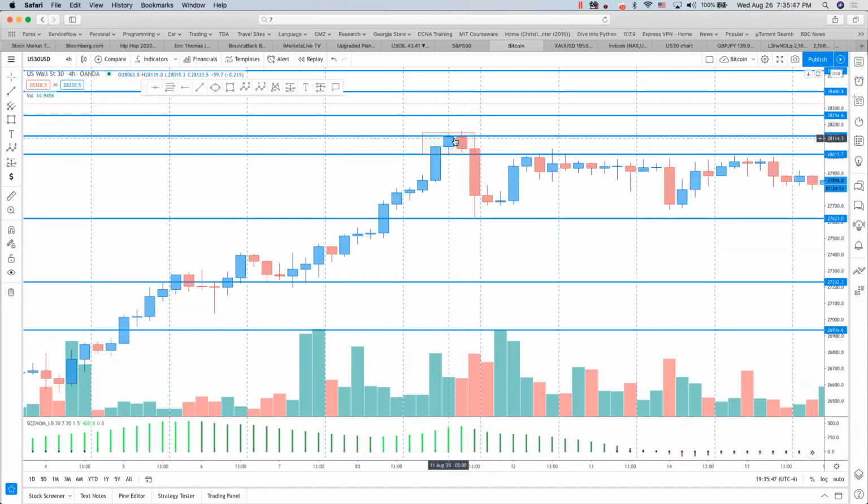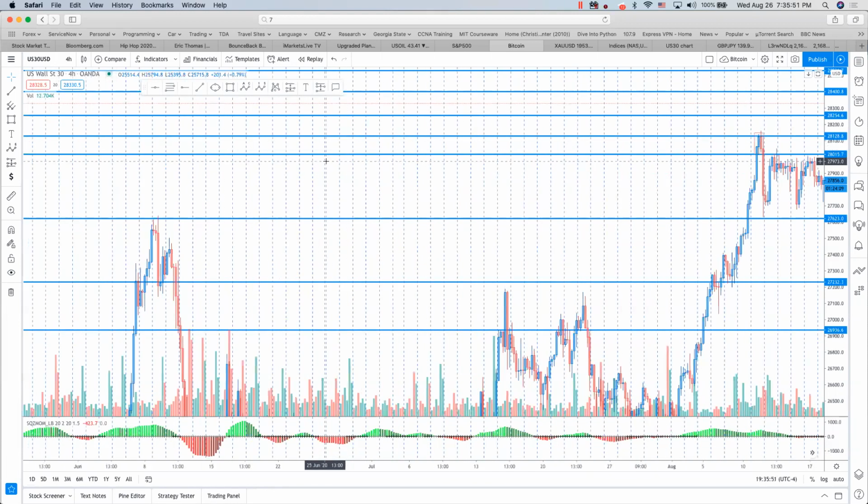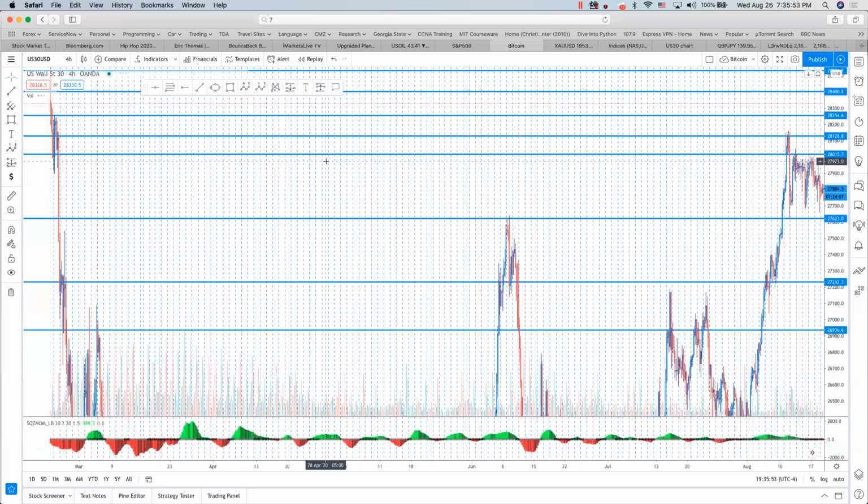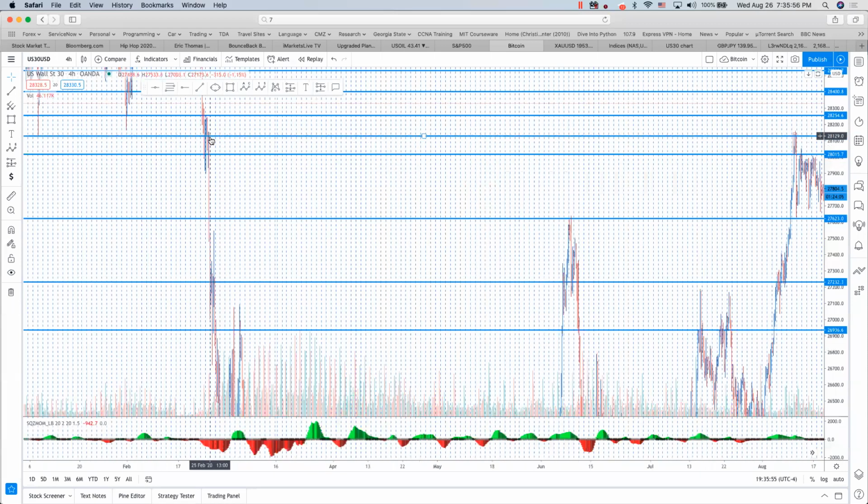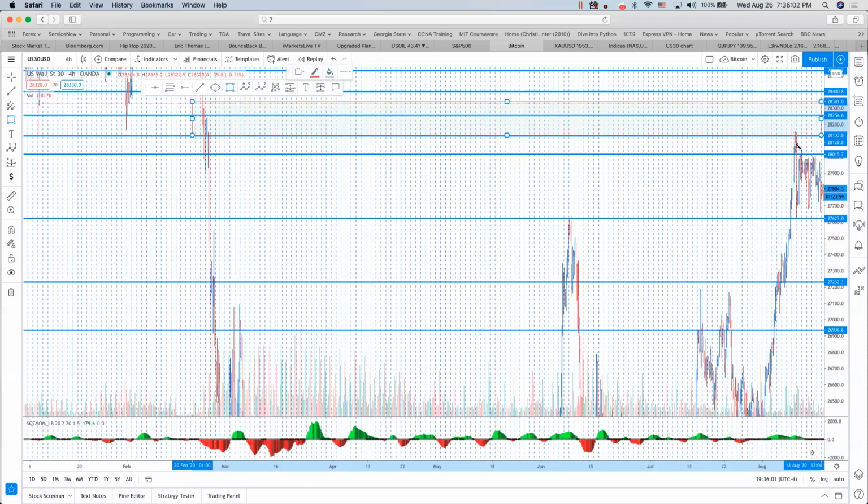Because we're near this high already, which is probably something we can pull from a time back, we already know there's rejection right here at this level. So we would have already had this level marked off anyway.